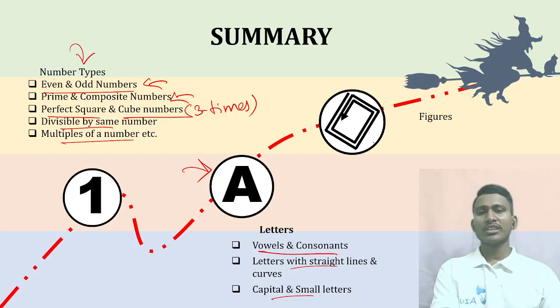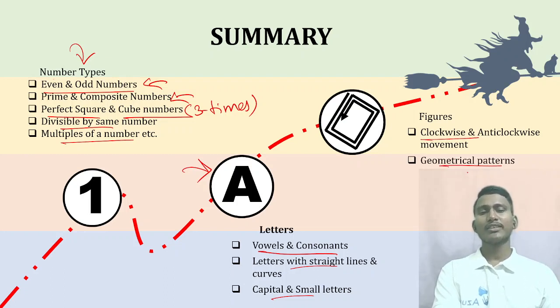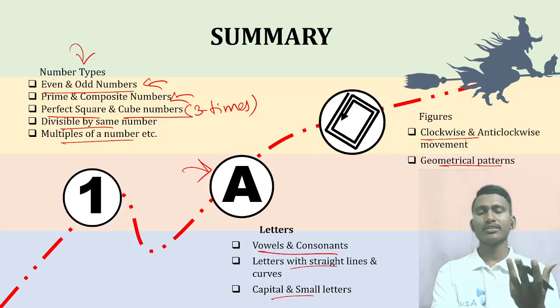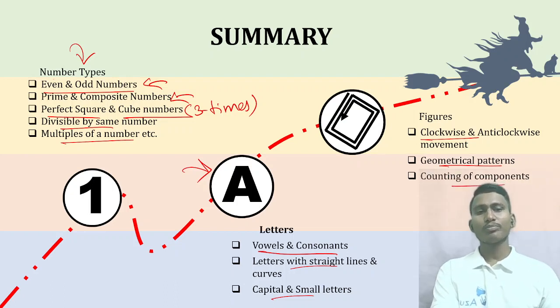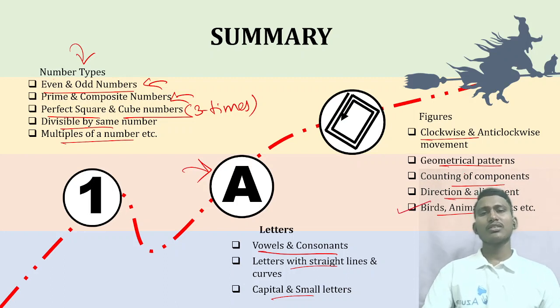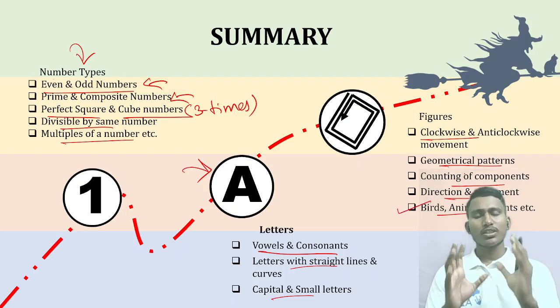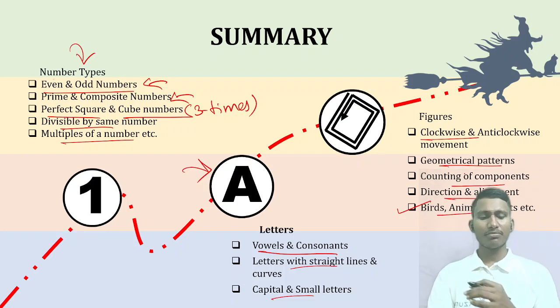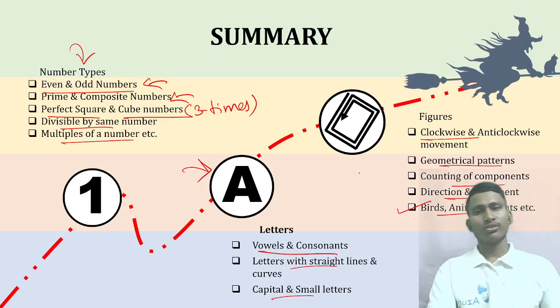In the figures, it can rotate clockwise or anti-clockwise, or be geometrical patterns, counting of components, or direction and alignment. Or it can be birds, animals or plants. This is how we have to identify the odd one.